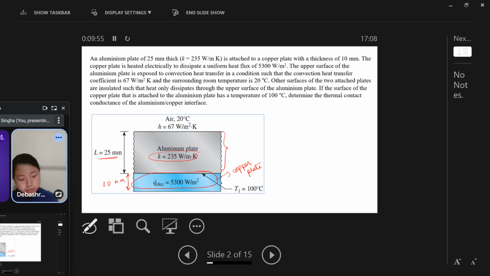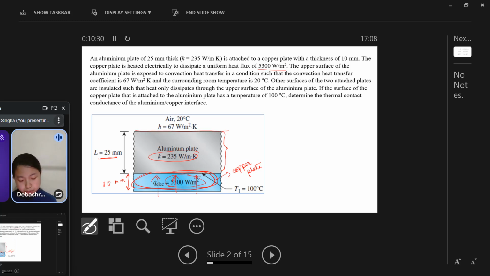The copper plate is electrically heated to dissipate a uniform heat flux of 5300 watt per meter square. So this plate is electrically heated, and it has a flux of around 5300 watt per meter square. The upper surface of the aluminum plate is exposed to convection heat transfer such that the convection heat transfer coefficient is 67 watt per meter square Kelvin.